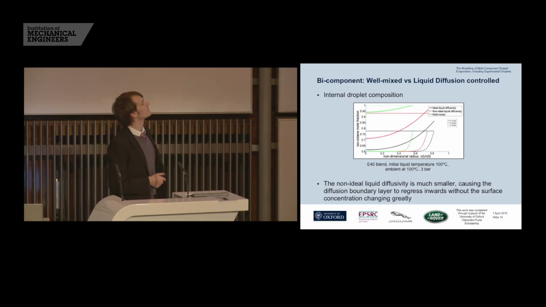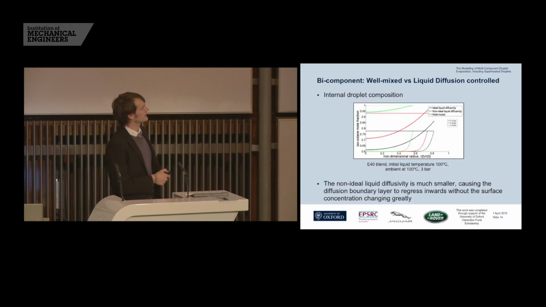It's well mixed, and that's just at 3 different times throughout the lifetime, black, red, and green. If we add on the diffusion control model, we get a boundary layer as predicted by the formula, but the surface composition at given times is roughly the same, and it's that determines the evaporation rate.